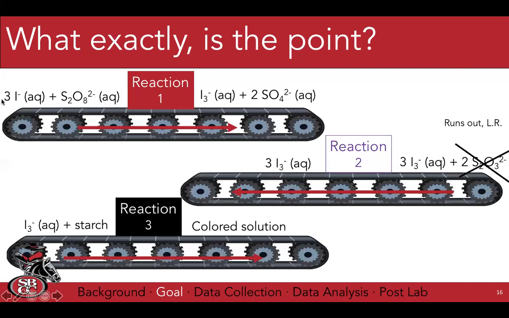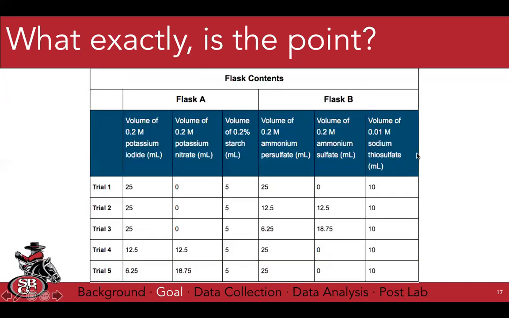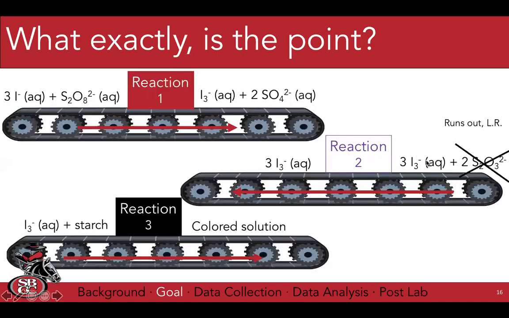If nothing changed the rate, this should happen at the same time every time, but it won't, because that would be boring. And so we'll be able to look at how changing these concentrations changes what time the solution turns color, which indicates how fast triiodide dumps into reaction 2, which is what we're monitoring from reaction 3.